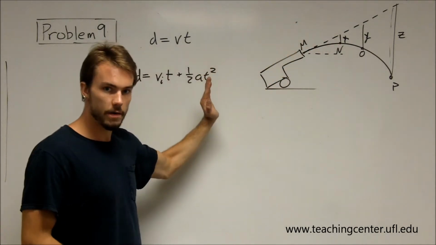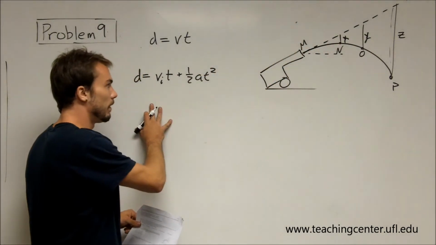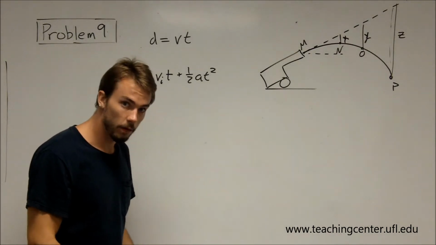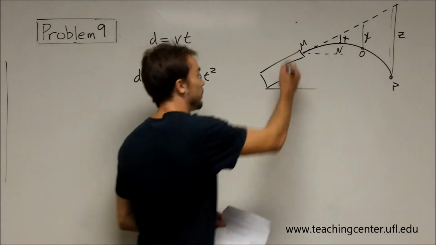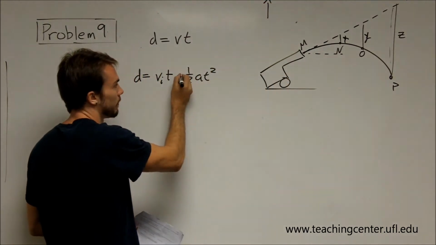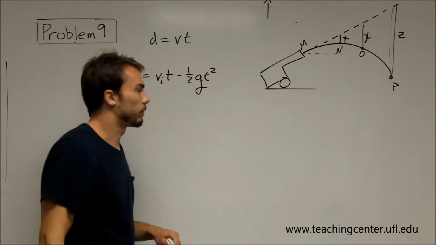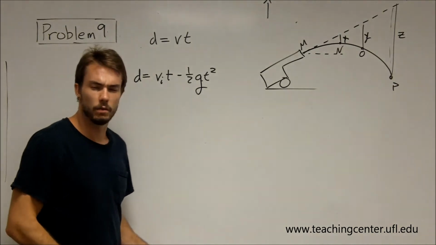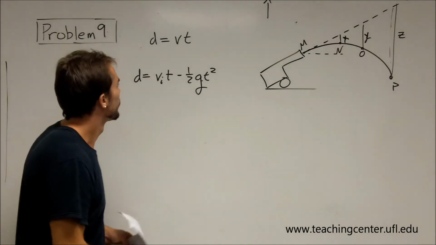Our acceleration term is gravity, and it's going to be downwards, therefore negative. Assuming up is positive, we can rewrite this formula as minus 1/2 g t squared, which I believe is one of your projectile motion formulas.